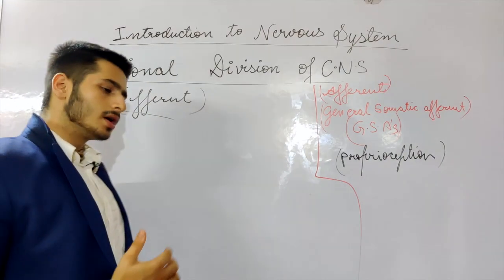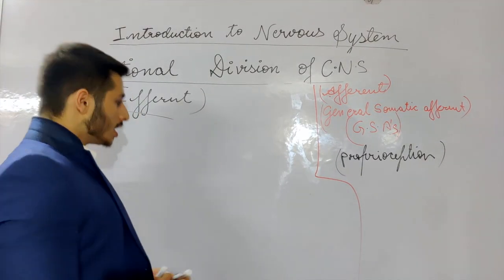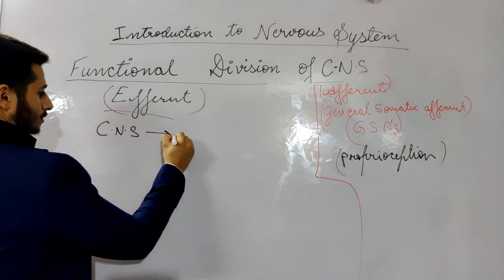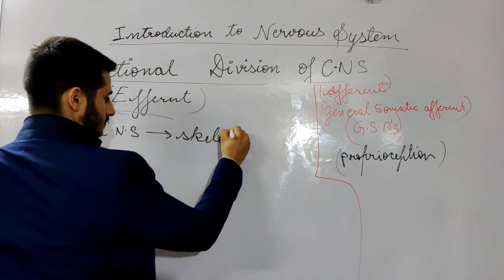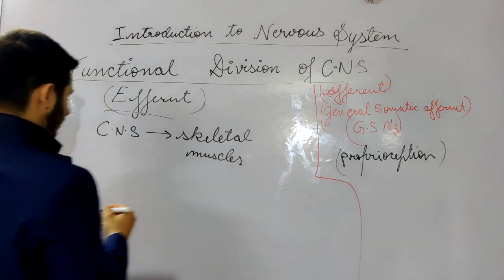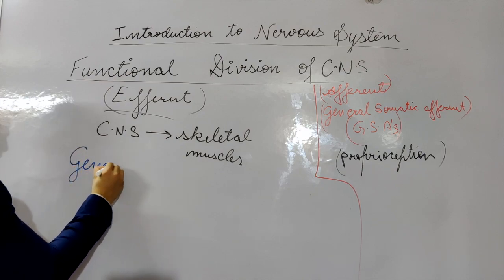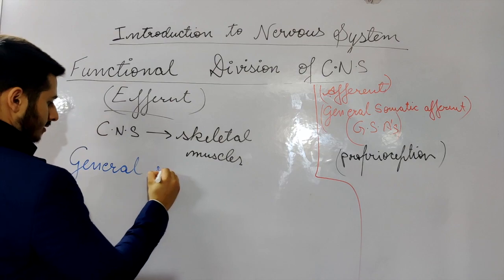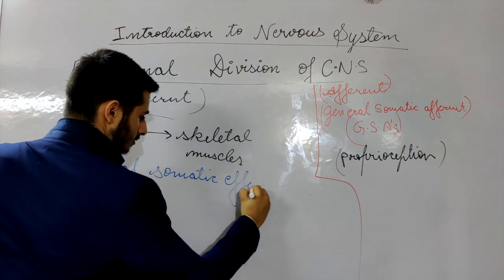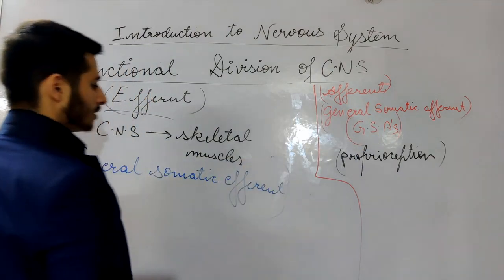These motor neurons carry information from the CNS to the skeletal muscles, and are known as general somatic efferent fibers.